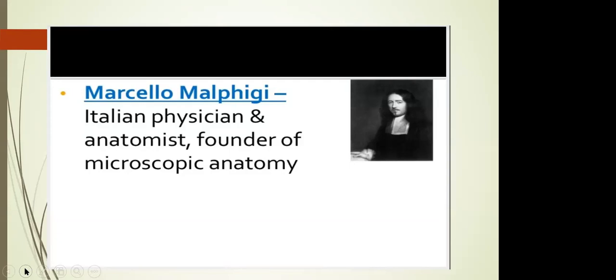He studied the smaller blood vessels in the circulatory system. Microscopic means he observed very tiny and very small blood vessels. So who is that scientist, children?